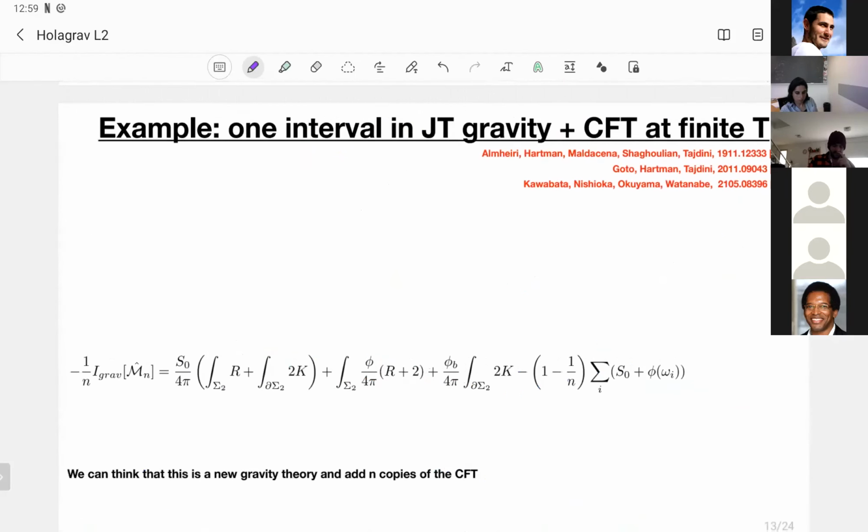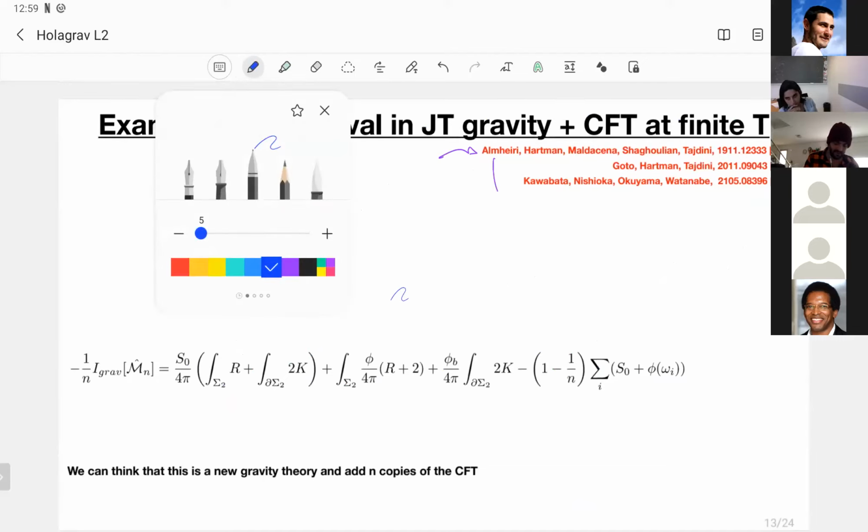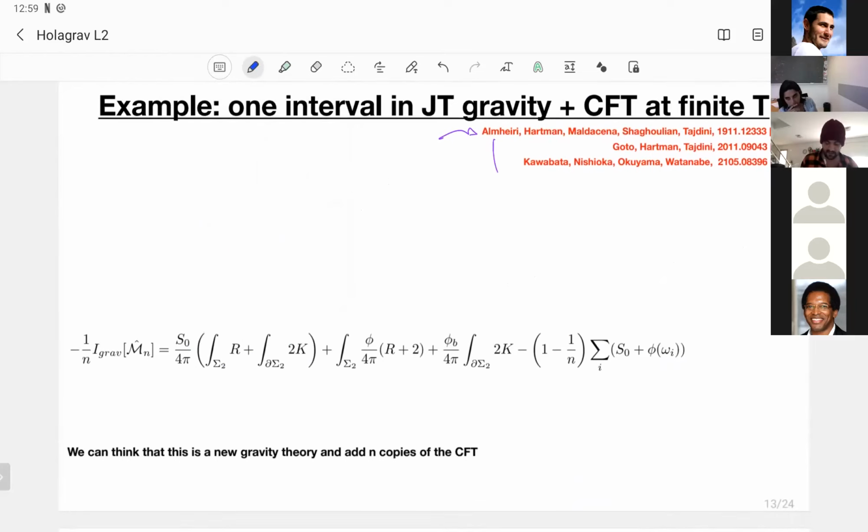The example that I want to do, that was explained in the paper I mentioned before, and also was done in other papers, is the following: one interval in JT gravity plus CFT at finite temperature. So the setup here is that you have a region with no gravity, another region with gravity, that in this case will be JT gravity, because we are going to be in 2 dimensions.